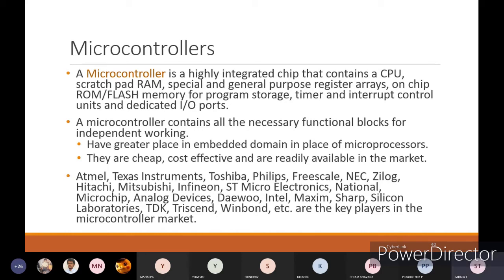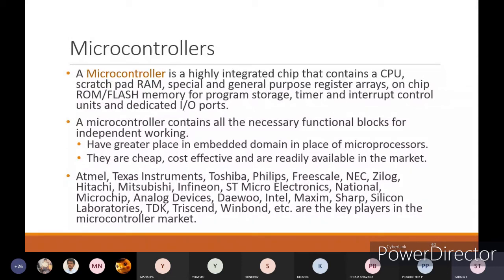Many different companies produce microcontrollers: Atmel, Texas Instruments, Toshiba, Philips, Freescale, NEC, Zilog, Hitachi, Mitsubishi, Infineon, ST Microelectronics, National, Microchip, Analog Devices, Intel, Maxim, Sharp, Silicon Laboratories, TDK, Trisend, and Winbond, etc. are the key players in the microcontroller market.